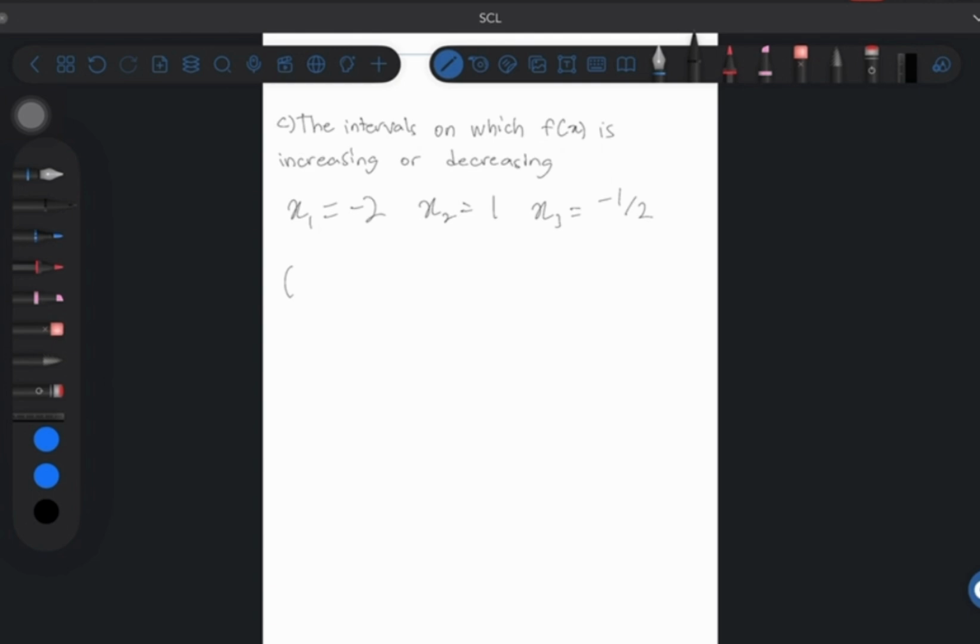So the first interval is negative infinity to -2. The second interval is -2 to -1/2, then -1/2 to 1, and 1 to positive infinity.